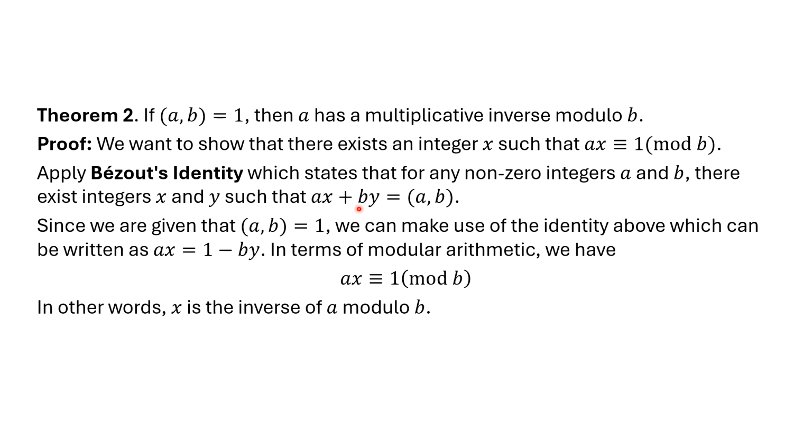So we get ax plus by equals 1, or we can write that as ax equals 1 minus by. And in terms of modular arithmetic, this is the same as this here. We have the minus y times b, so we can write it this way. And in other words, x is the multiplicative inverse of a modulo b.